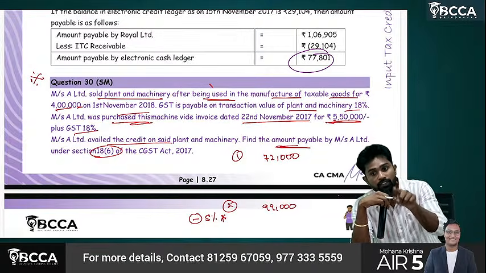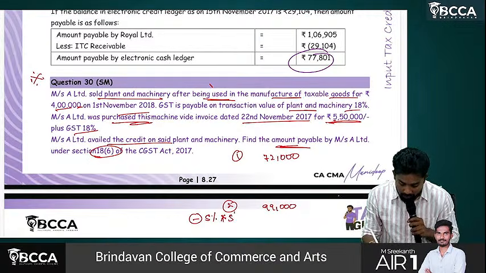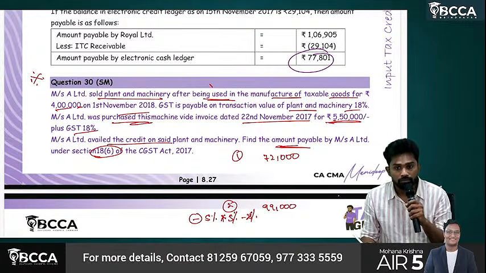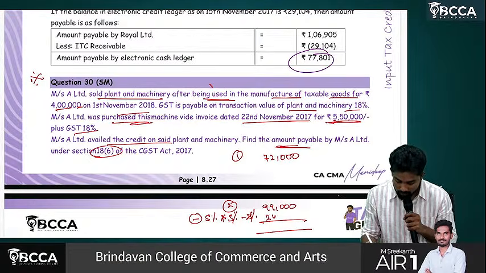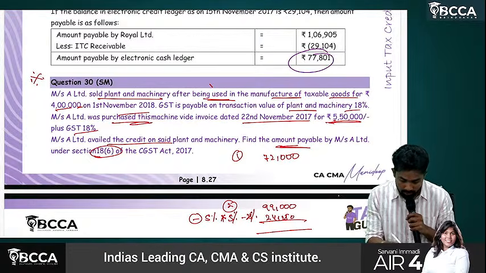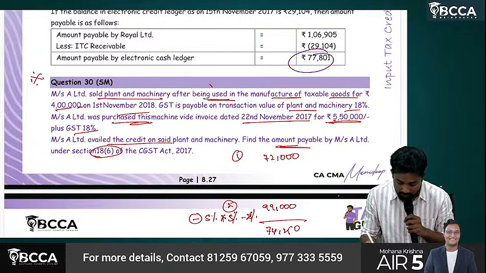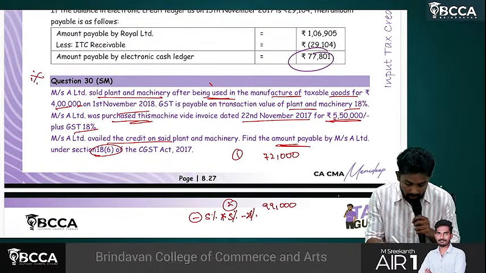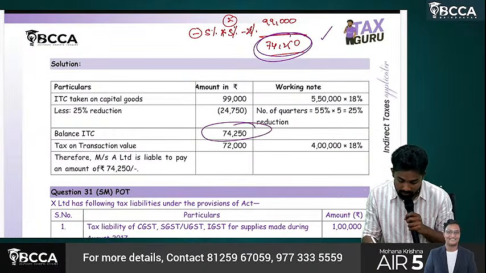So a part quarter also has to be treated as a full quarter. So total 5 into 5%, 25%, subtract from 99,000. How much net? 24,750. If you subtract, it is 74,250. Which is higher? 74,250. Then 74,250 is the tax payable.